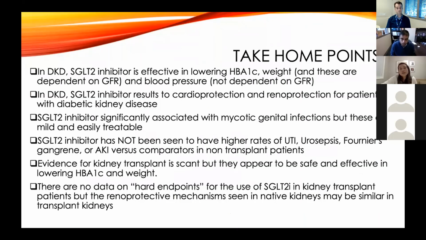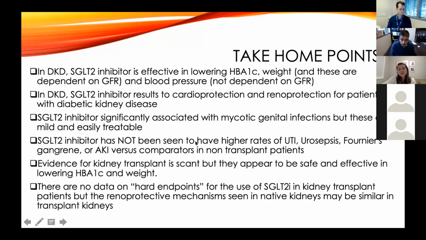Now, take-home points. In diabetic kidney disease, SGLT2 inhibitors are effective in lowering hemoglobin A1C and weight, which are dependent on GFR, and blood pressure, which is not dependent on GFR. In diabetic kidney disease, SGLT2 inhibitors result in cardioprotection and renal protection for patients. SGLT2 inhibitors are significantly associated with mycotic genital infections, but these are mild and easily treatable.